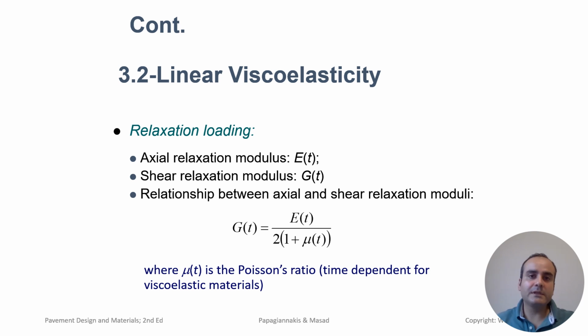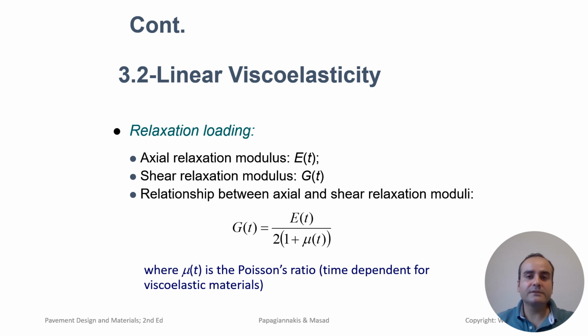In linear viscoelastic materials such as asphalt, the axial and shear responses are related to Poisson's ratio, which is a material property that describes the ratio of lateral strain to axial strain when the material is stretched or compressed. In the case of viscoelasticity, Poisson's ratio is often considered to be time-dependent, and it can link the behavior of axial and shear moduli.